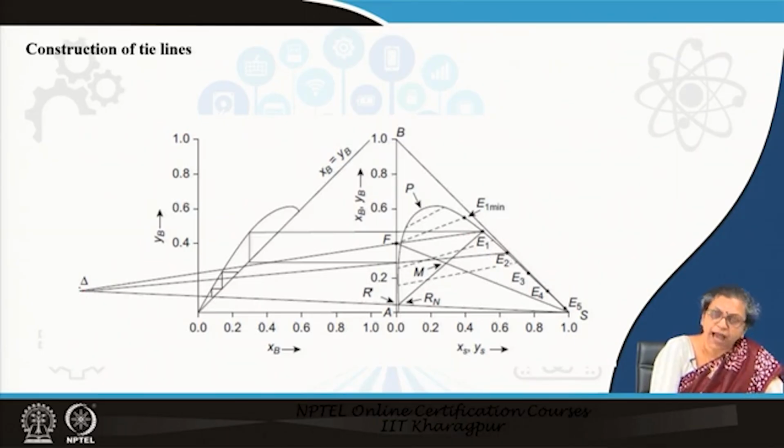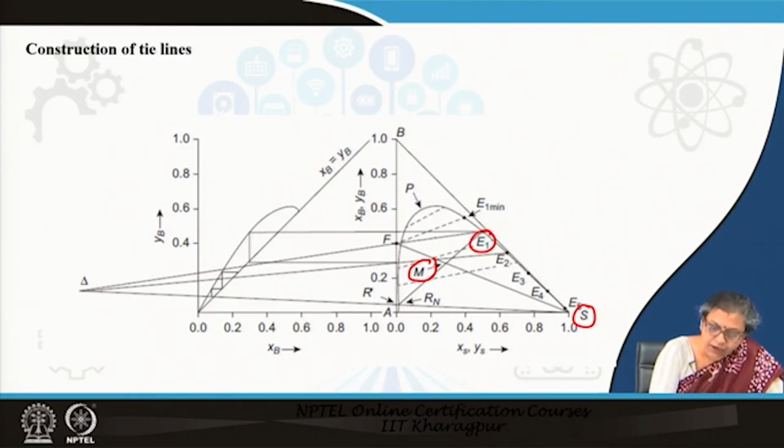So, I had described the construction as, initially we draw Fs, we draw Rn and E1, and then from Fs, if you know the total amount of solvent, you know M. Once you know M, you know Rn, so therefore, you can locate E1.